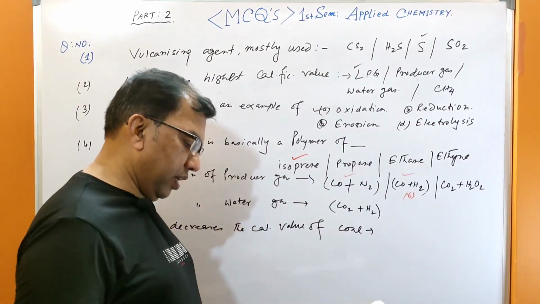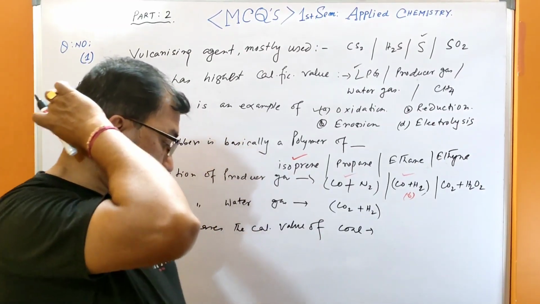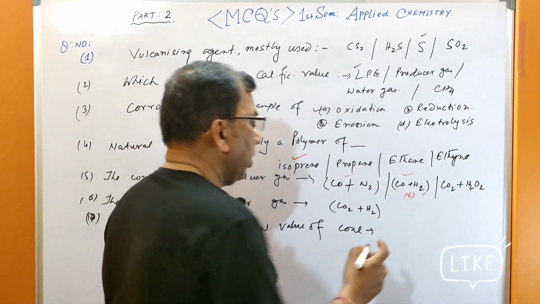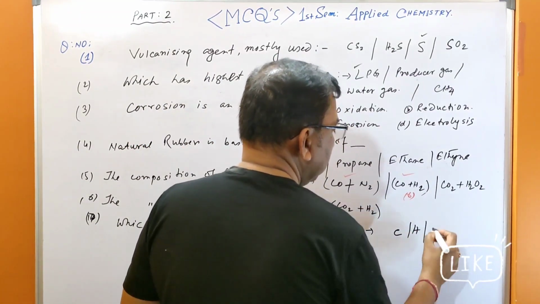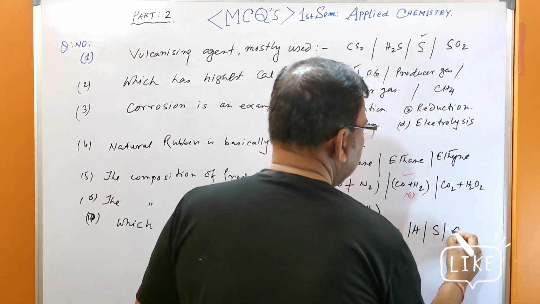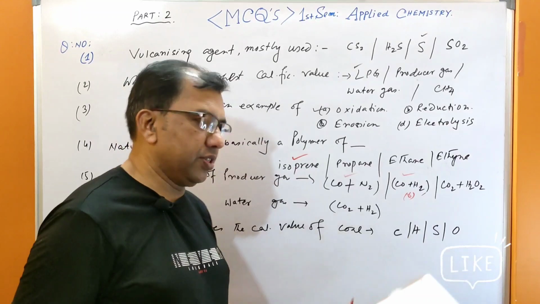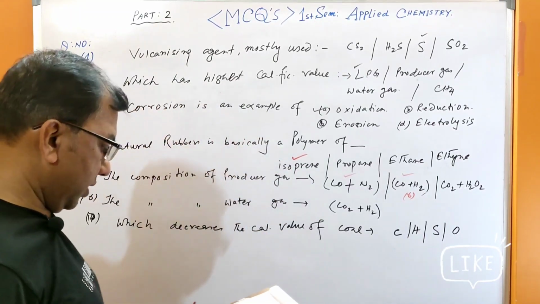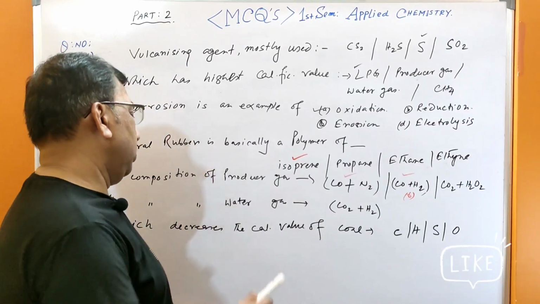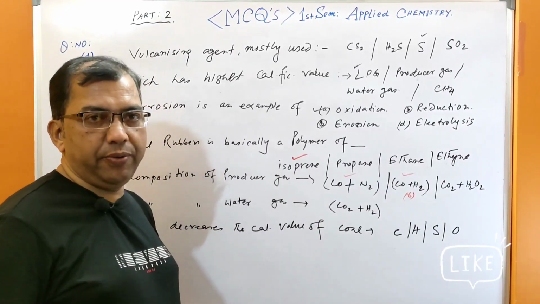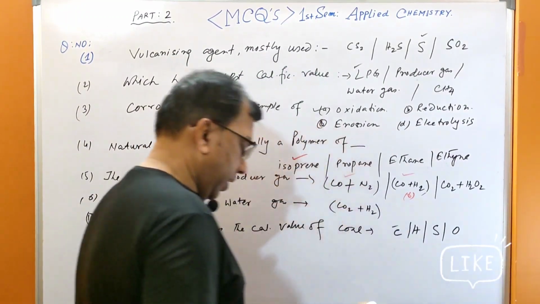Right? Which decreases? Tell me. Carbon, hydrogen, sulfur, oxygen. It is a little long, I am writing carbon, hydrogen, sulfur, oxygen. Which is the correct answer? Which of the following in the coal decreases its calorific value? Answer will be the first one.